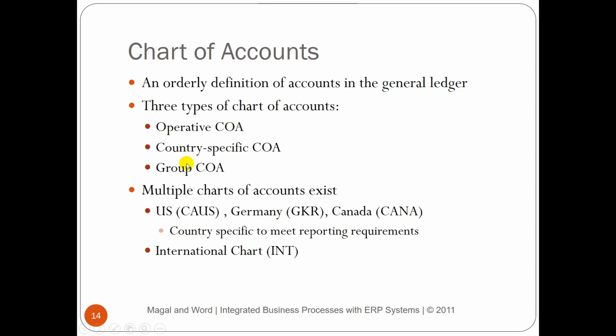And finally, we have the group chart of accounts, which contains group accounts that multiple companies within an enterprise use to consolidate their financial reporting. Why? When an enterprise includes several companies, it can create the financial statement for each company by company code. So it must also create financial statements for the enterprise as well.